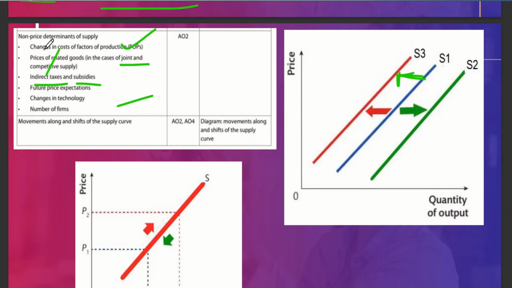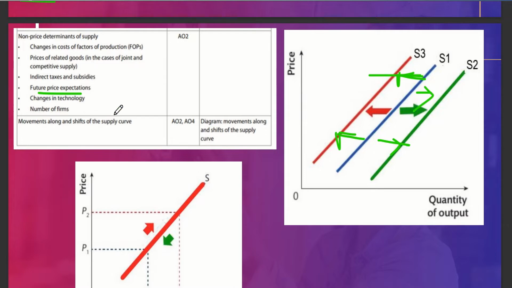If an indirect tax is imposed, supply will come leftward. If a subsidy is given, the supply curve will move rightward. And if the future expected price is coming down, supply will be falling, and if the future price will be increasing, supply will be increasing.